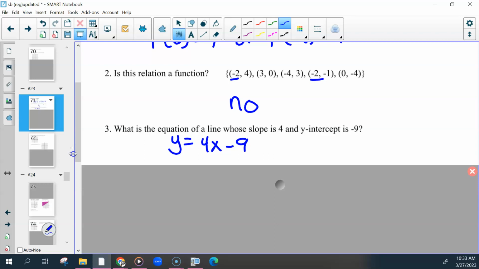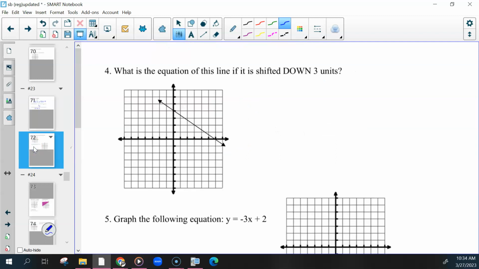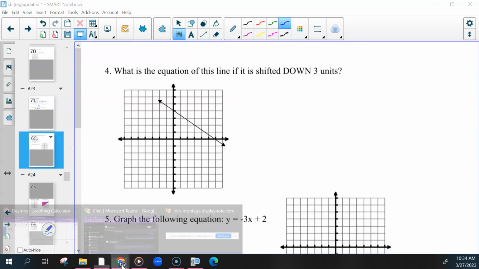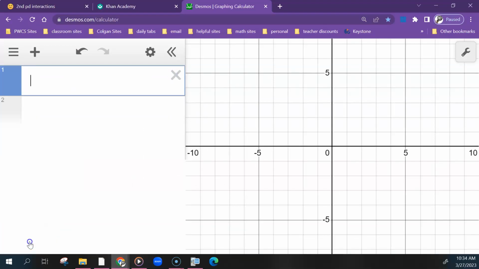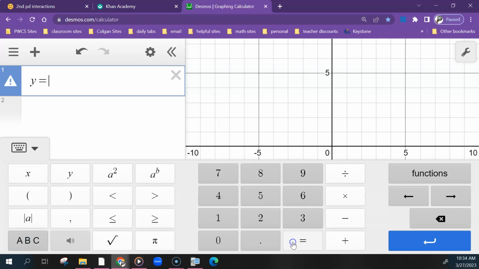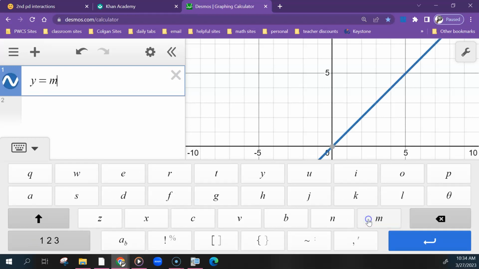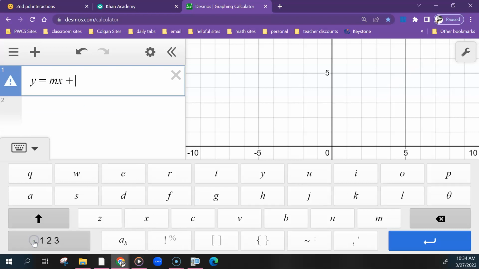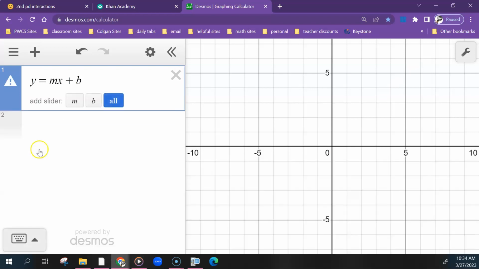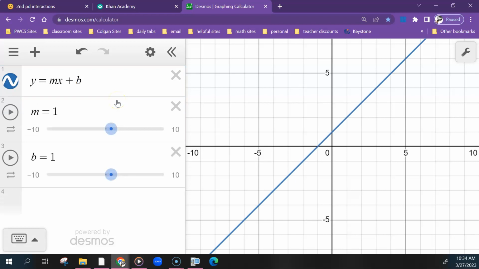Four can be done in Desmos, and you could also do it by hand, so I'll show both. And I'm going to start by putting in the equation y equals mx plus b. This will really help with a lot of your slope questions, and I'm going to add my sliders.